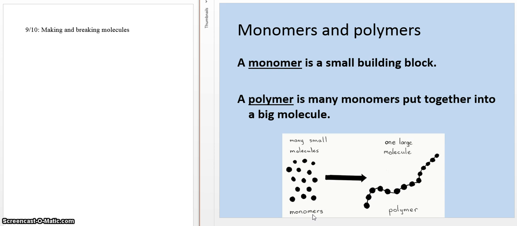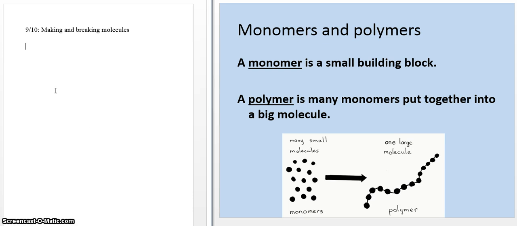A polymer is many monomers put together into a bigger molecule. Make sure you are keeping up with highlighting anything that is important in your notes.